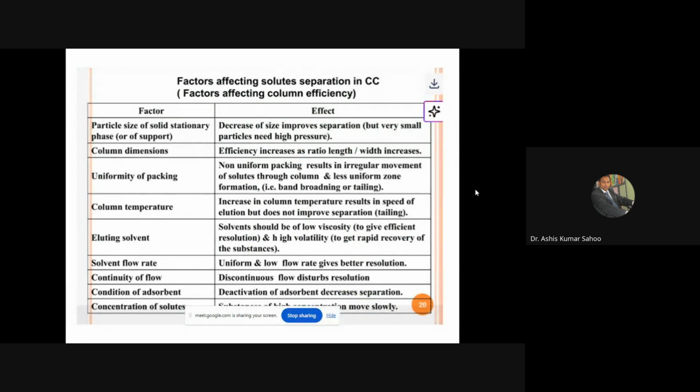The packing should be uniform, column temperature should be maintained, and the eluting solvent must be chosen. Solvent flow rate can be slow, uniform or fast, and the flow should be continuous. Condition of the adsorbent: what adsorbent will be taken, and the concentration of solutes.